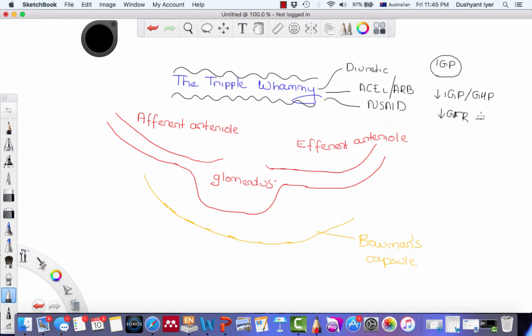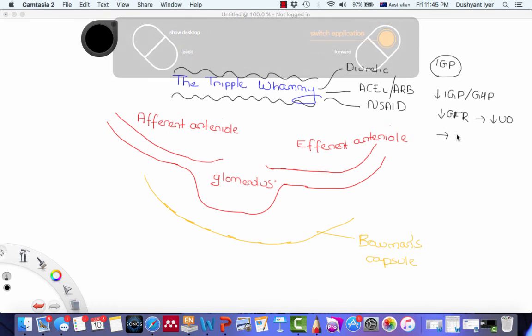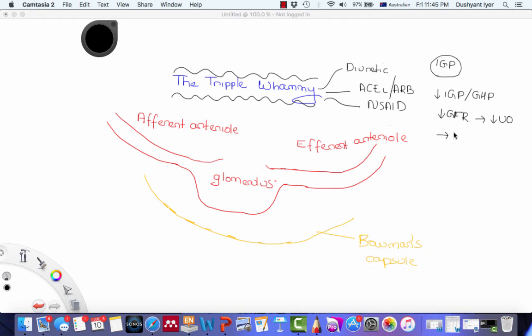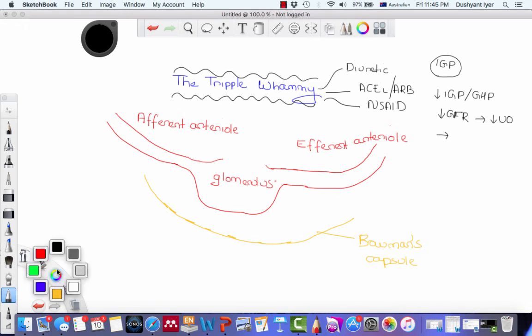And less glomerular filtration leads to less urine output. Less urine output means that you are retaining your nitrogenous compounds, your acidic substances, electrolytes such as potassium, and essentially you get all the manifestations of an acute kidney injury. We're going to talk about that more in a second. Now, why does this happen with these three drugs?